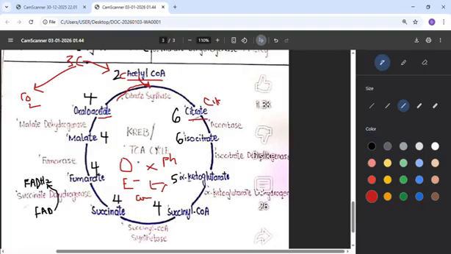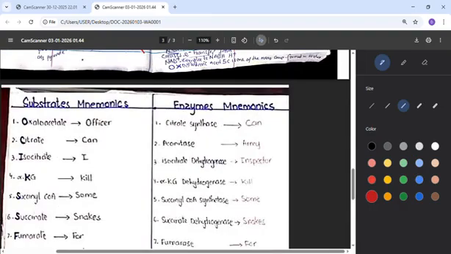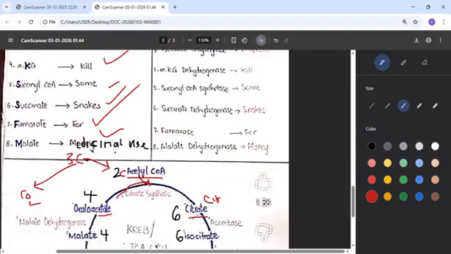So how will you remember all these names? Just use this mnemonic that says OCI. That means: Officer, can I kill some snakes for medical or medicinal use? So that officer means oxaloacetate, the 4-carbon compound. Can is the citrate, the 6-carbon.